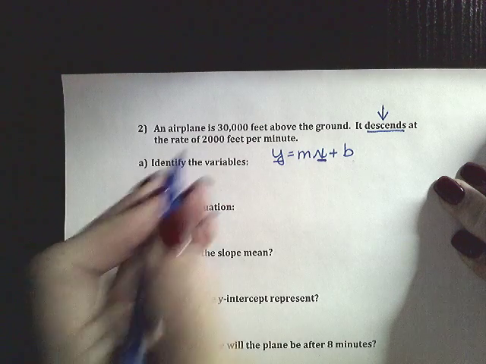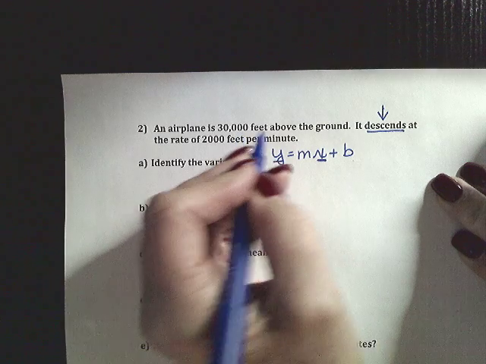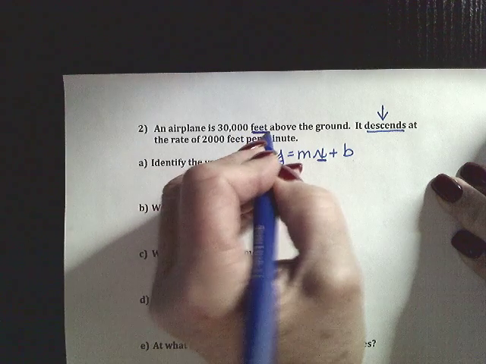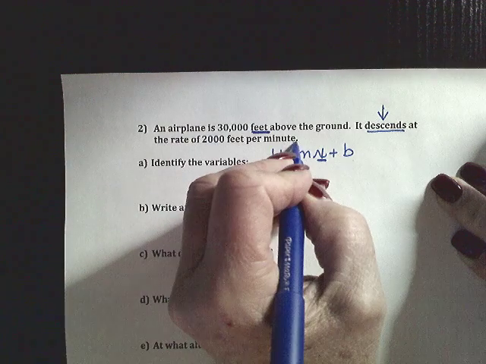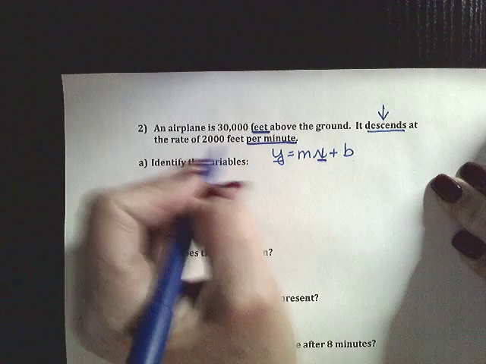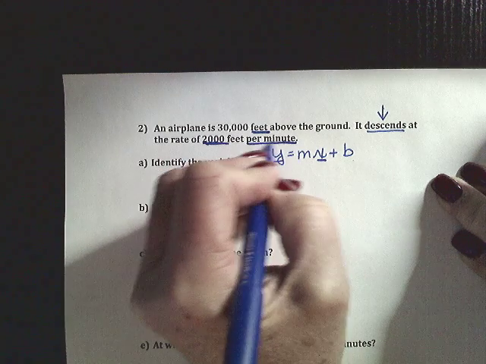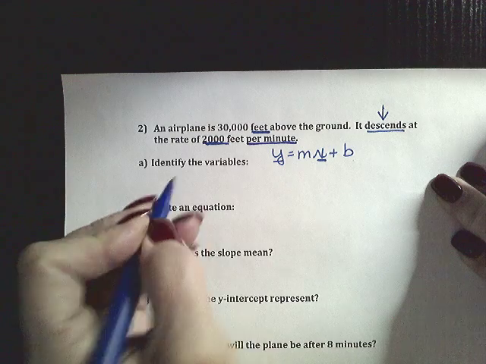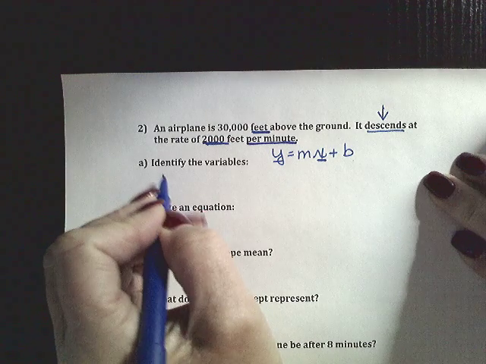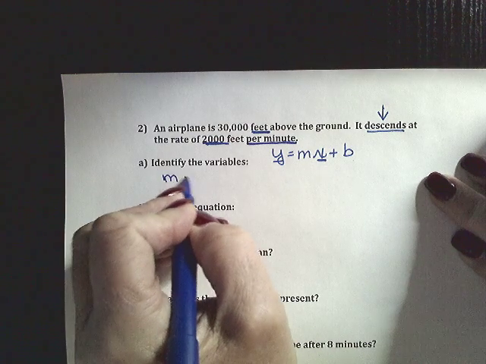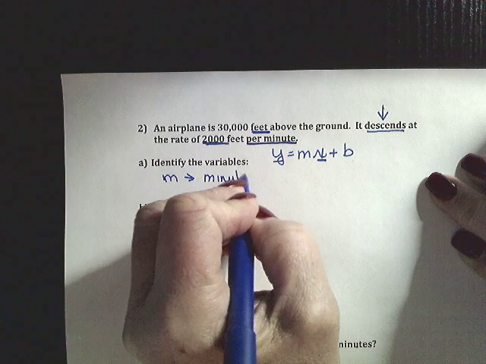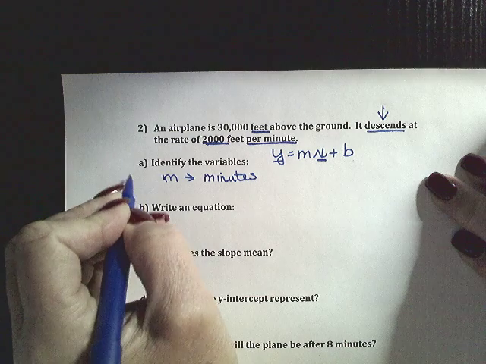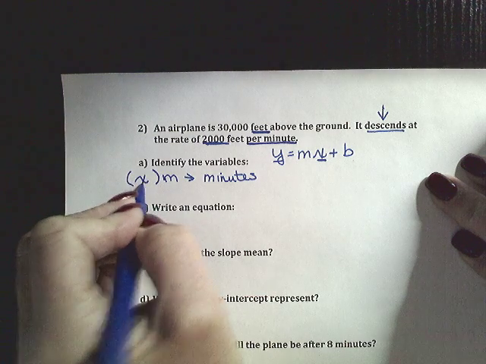So what is it saying? An airplane is 30,000 feet above the ground. It descends at a rate of 2,000 feet per minute. So M is going to be minutes, and that's the same as our x.